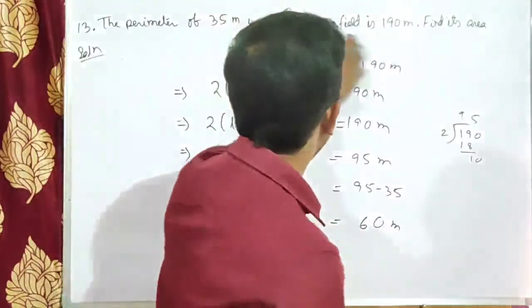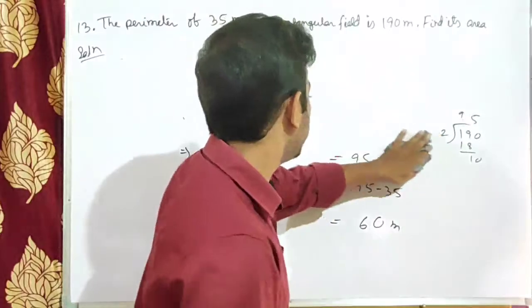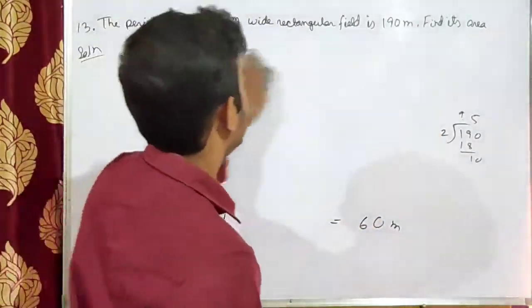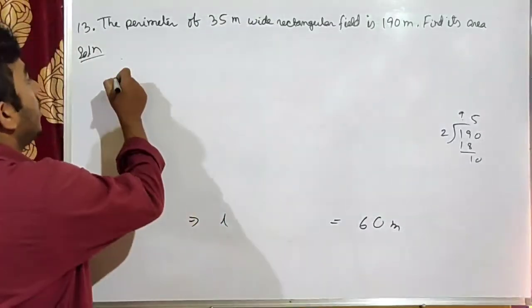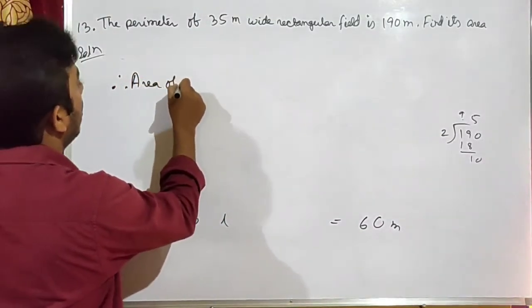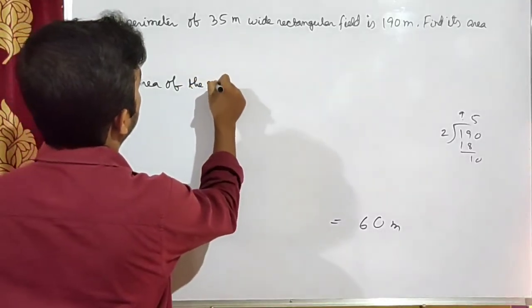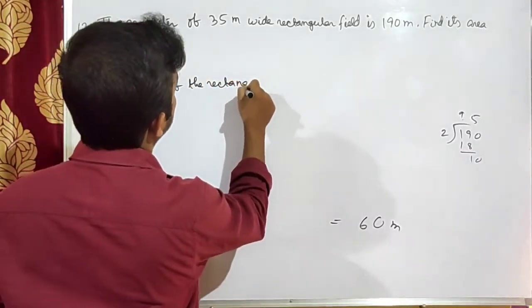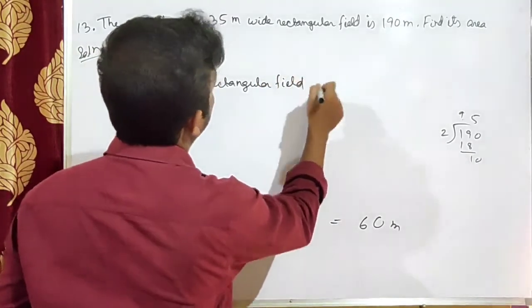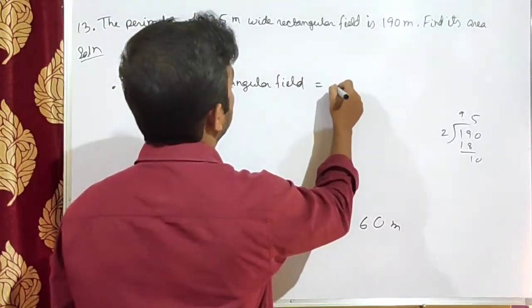So we'll write, therefore the area of the rectangular field is what?